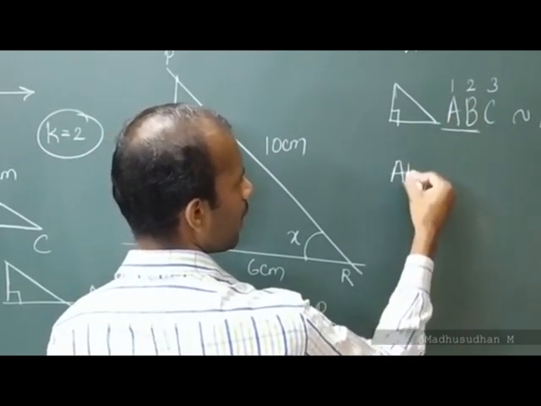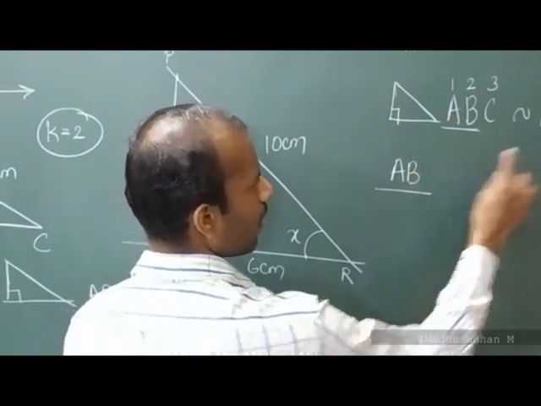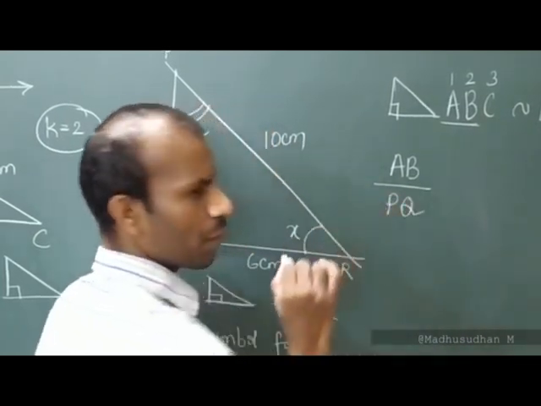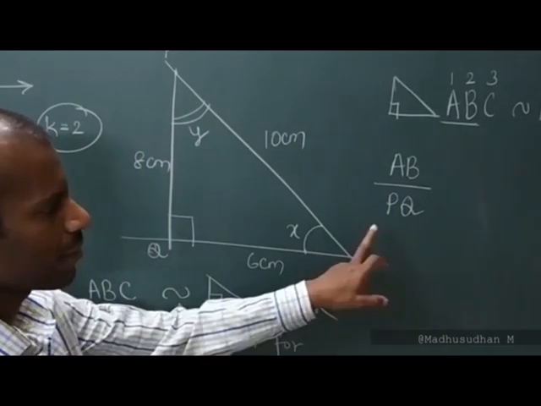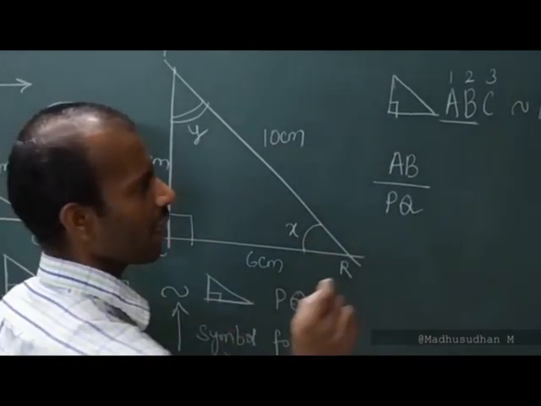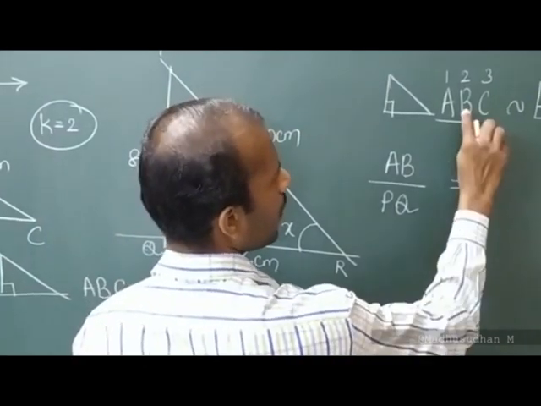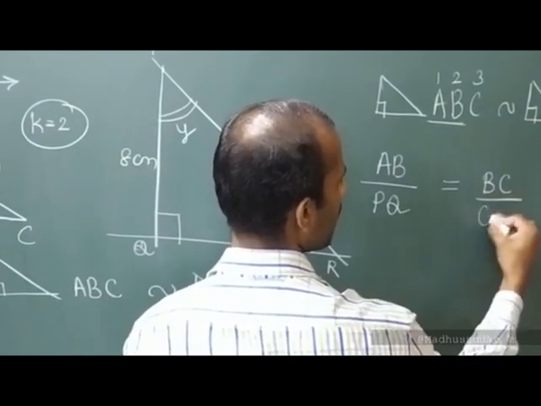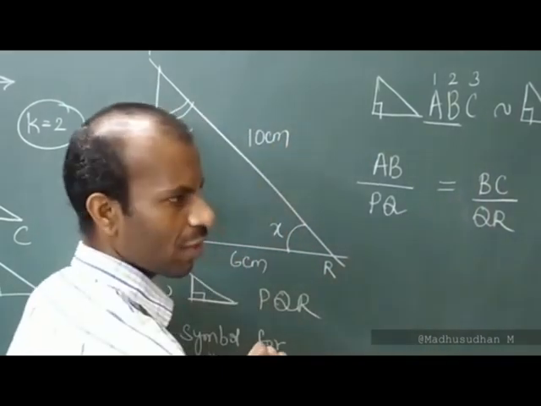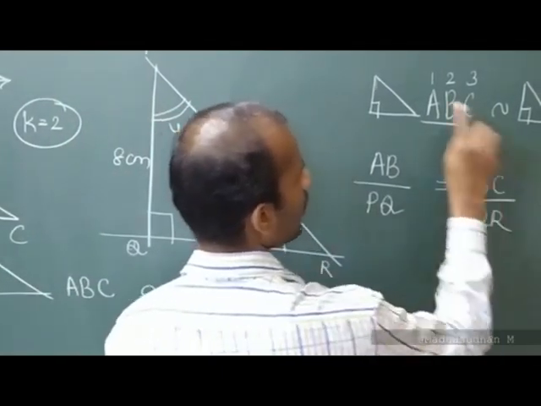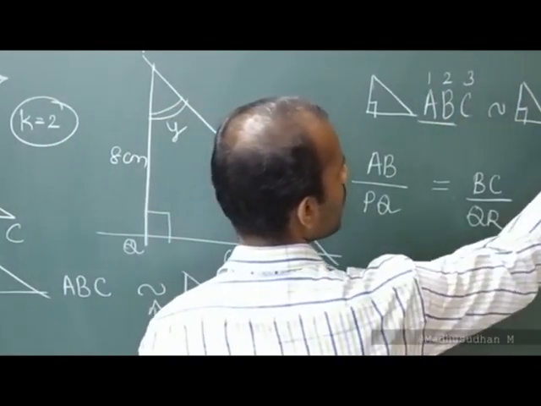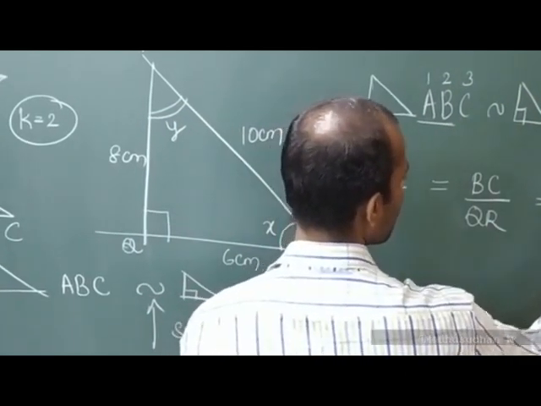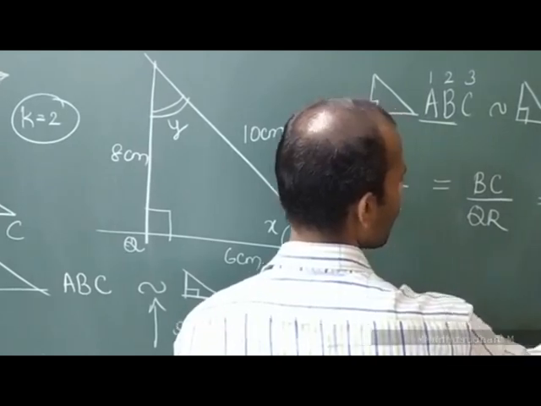Let me write AB by PQ, the first and second vertices. Followed it? So this is the meaning of being proportional, which is equal to B and C, Q and R. So let me write BC by QR, which is equal to the first and the third vertex, A and C, P and R. So this is AC by PR.